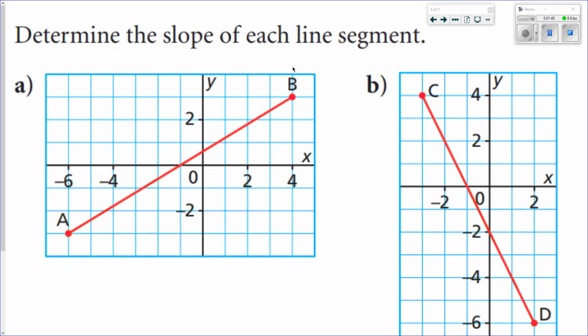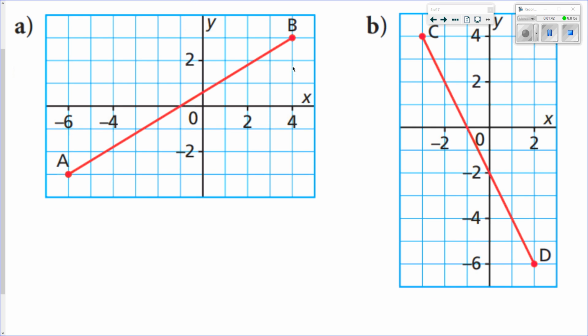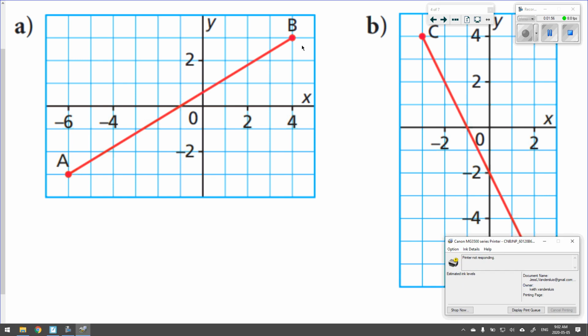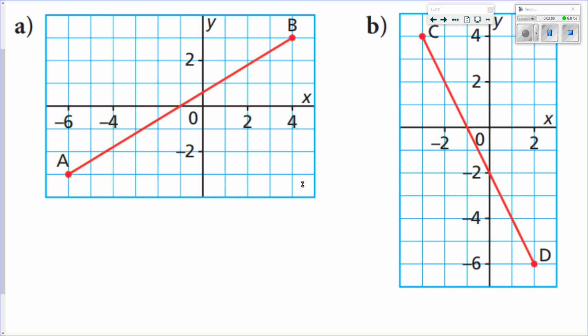So we need to just determine the slope for each of these line segments. The first thing we're going to do is write down the xy coordinates for all of these points, A, B, and then C, D. And we'll go from there. Point A is at x is negative 6, y is negative 3.